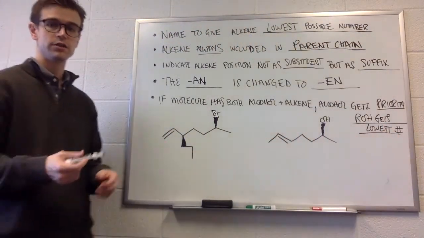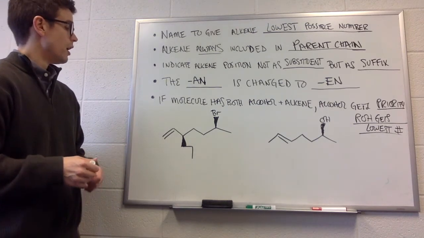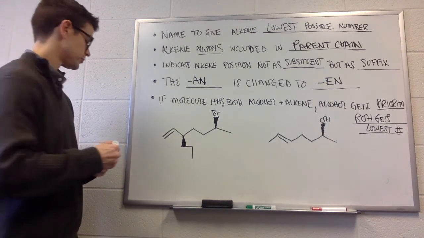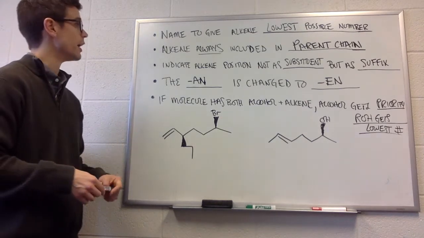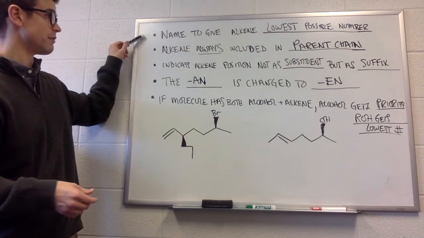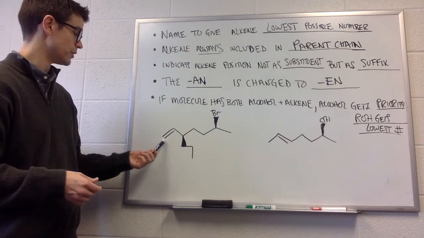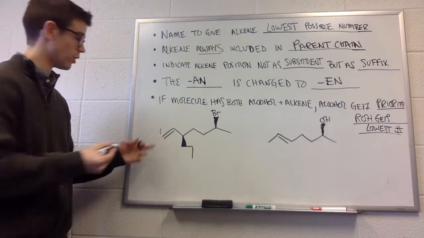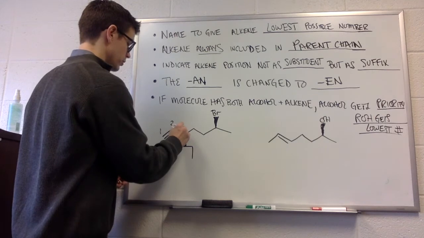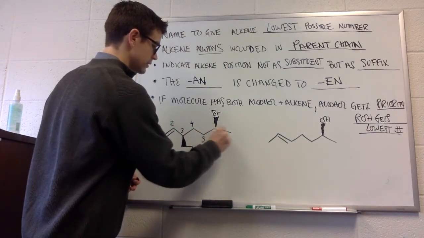Okay, so here are two of the examples, and we need to first figure out what the parent chain is. And if we look at our rules, we name to give the alkene the lowest possible number. So on this example, if we start numbering right here, then the alkene would have position 1. So 1, 2, 3, 4, 5, 6, 7.